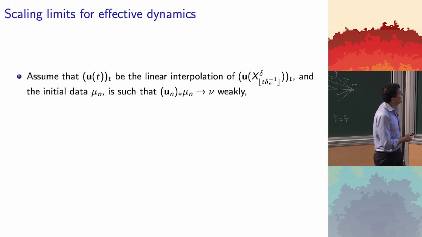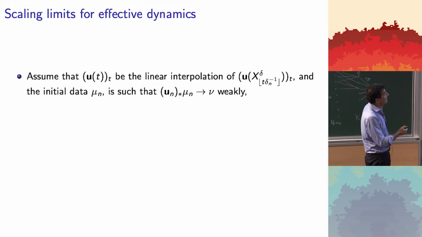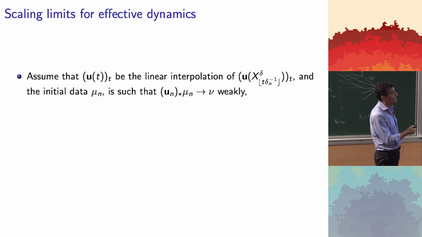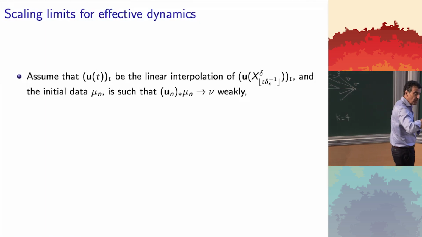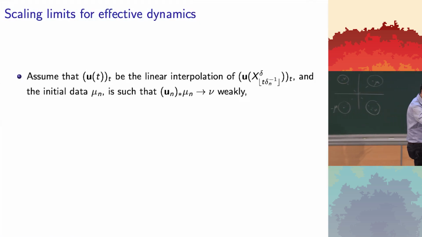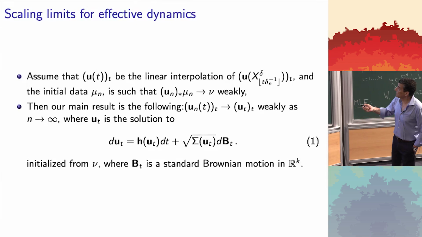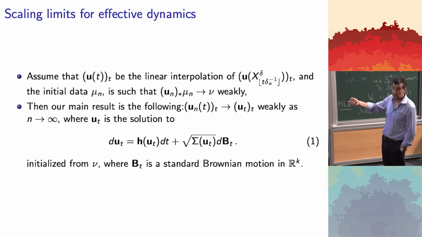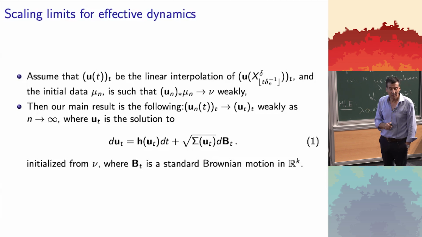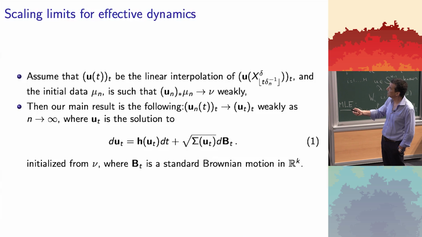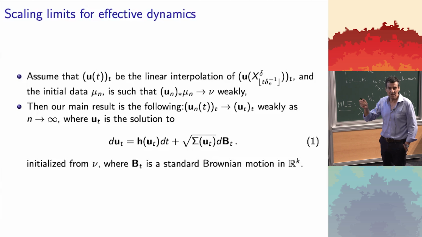Then I look at u of t, the linear interpolation of my SGD. Remember, my SGD is defined at discrete time, so I linearly interpolate to get a continuous time process. And then the main result is that these summary statistics are indeed asymptotically autonomous. They converge to an autonomous ODE. In fact, SDE, you have here a drift term and here a diffusion term. Okay, so this is the result.